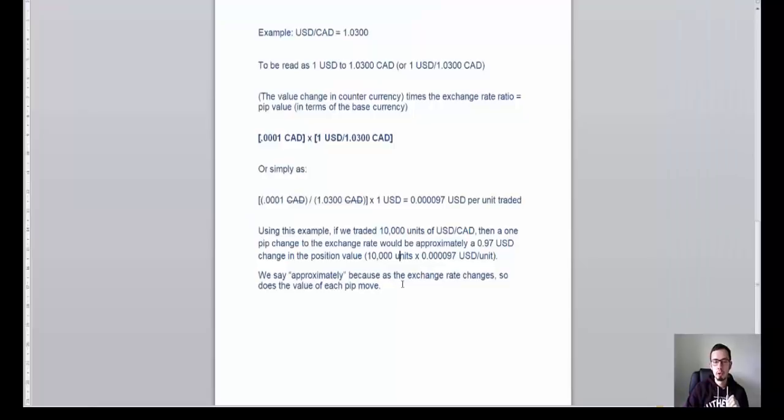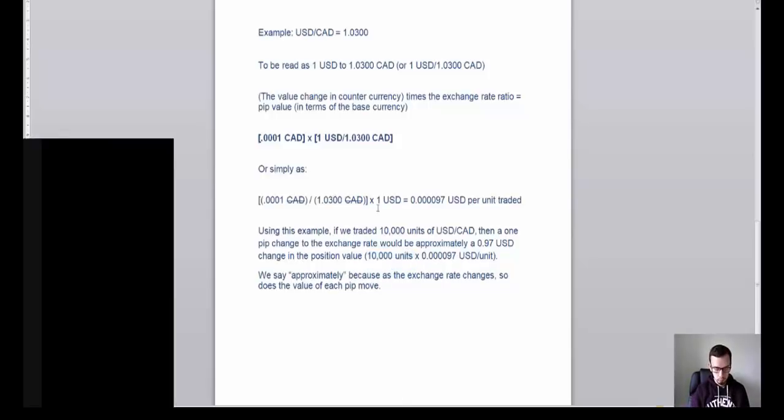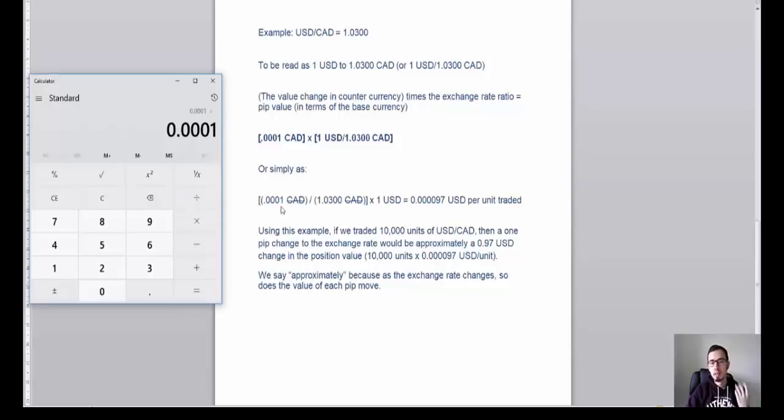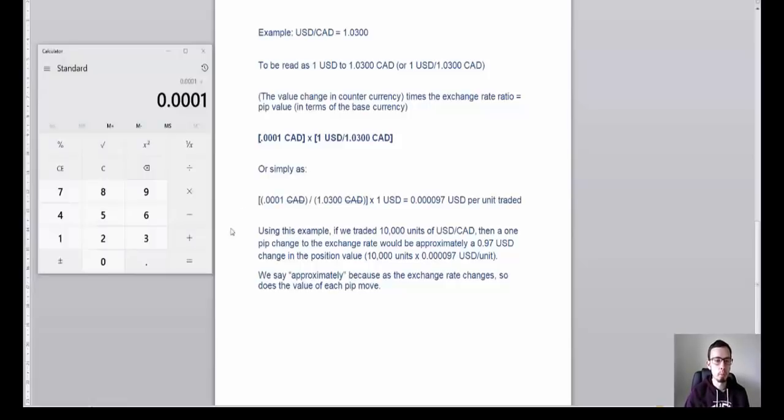By using the example, if you trade 10,000 units of USD CAD, simply multiply 10,000 units. So let's do it. Again, 0.0001 CAD divided by the ratio of USD against CAD, which in this instance is 1.03, and multiply by 1.